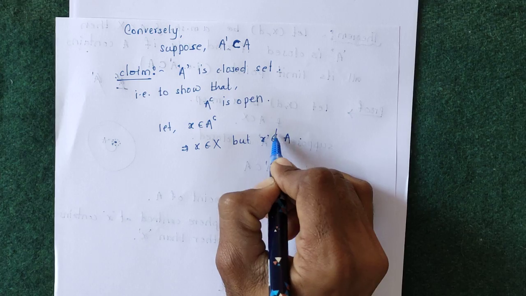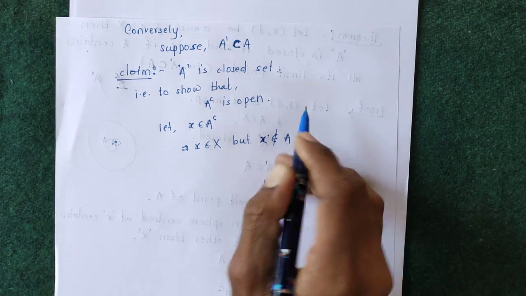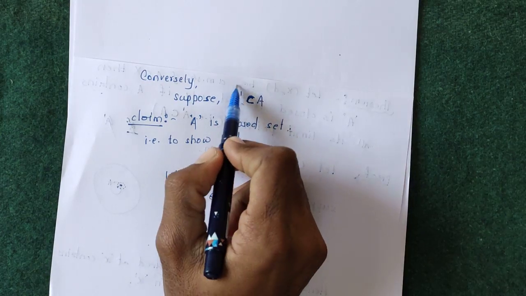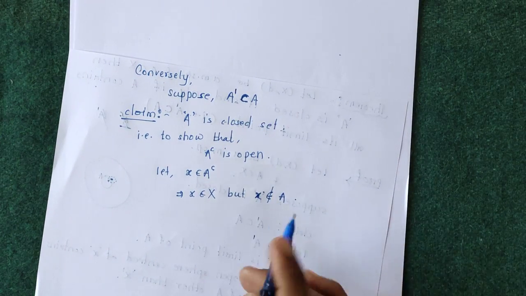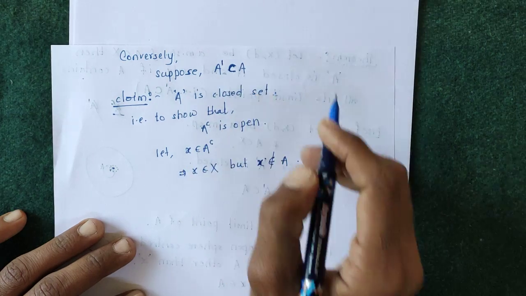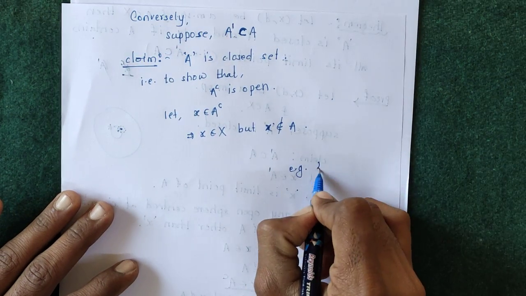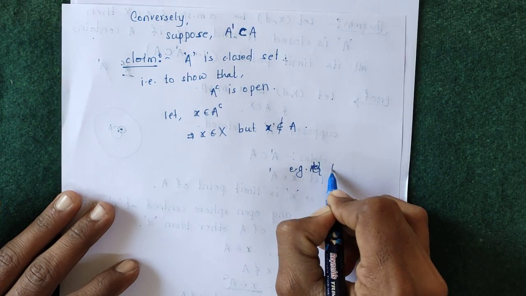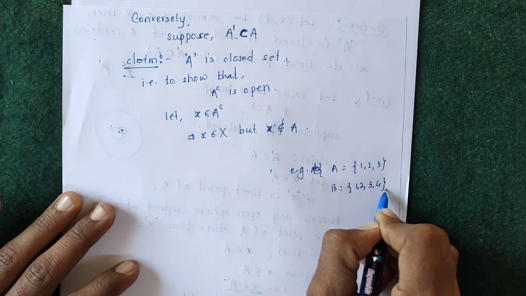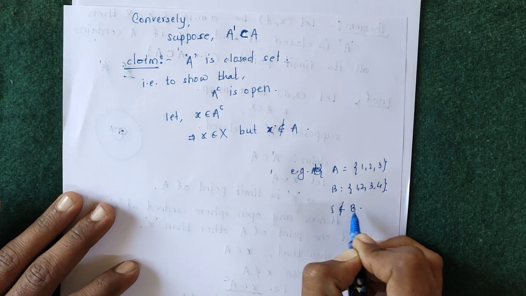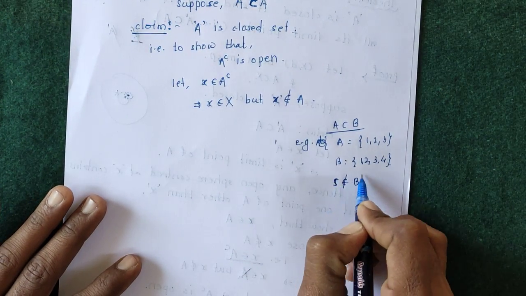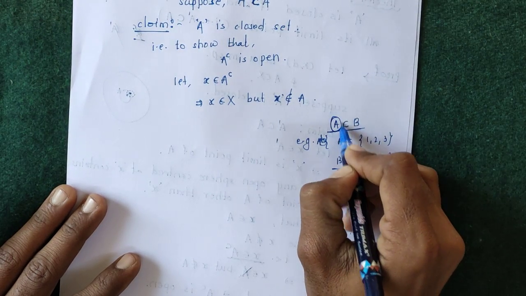Now here this x does not belong to A, means x is not in the set A, and we have supposed that the set of limit points of A is a subset of A. Now this x is not in A implies x is not in the set of limit points of A, because we have taken that the limit points of A are a subset of A. For example, if you take the set A equal to {1, 2, 3} and suppose B is equal to {1, 2, 3, 4}, then 5 is not in B, and A is a proper subset of B. If any element is not in the set B, then how is it possible that it is in A?